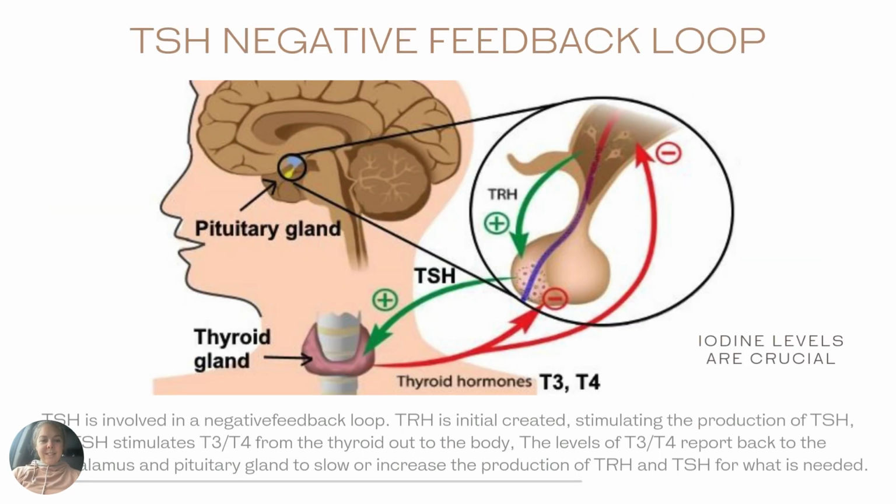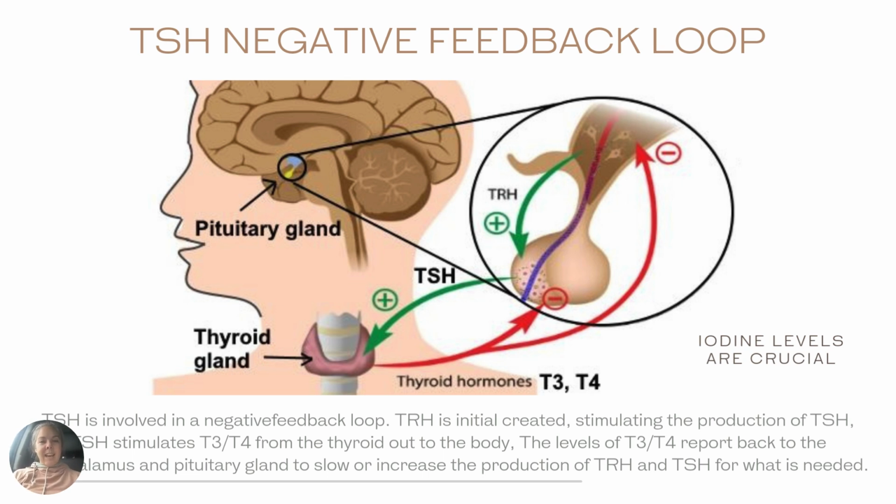So how does this all look together? This all forms a negative feedback loop. You start in the hypothalamus where the TRH is produced. It travels down to the anterior pituitary gland. Then the TSH is going to travel all the way to the thyroid gland.